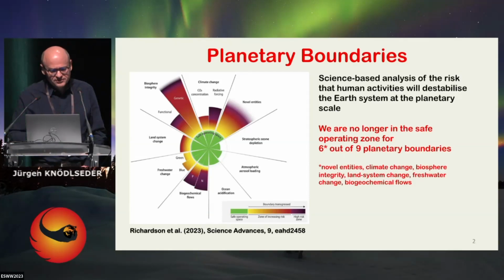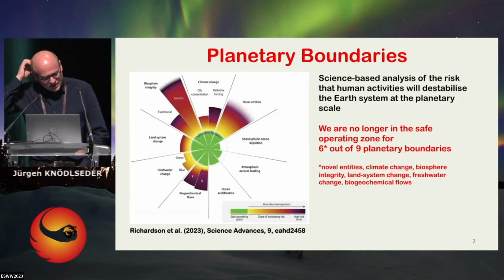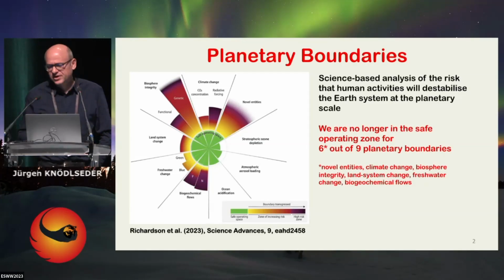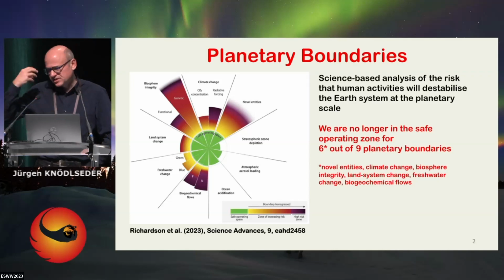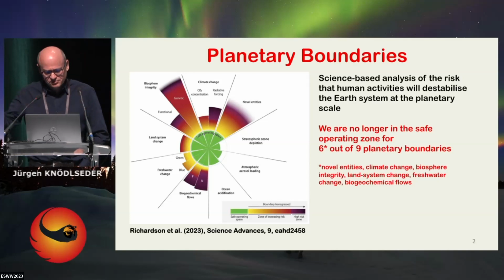But there are even, I would say, more worrisome issues like the biosphere integrity. This is the biodiversity. Maybe you heard about the 6th mass extinction. You have the land system change. This is deforestation. You have freshwater change. You have biogeochemical flows. This is basically nutrients flowing in the water, in the ocean, posing problems.